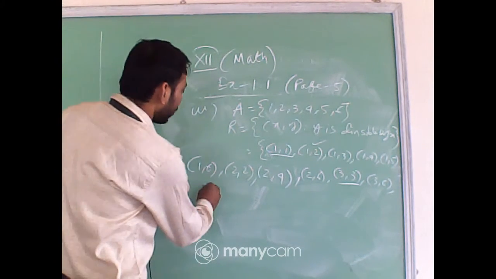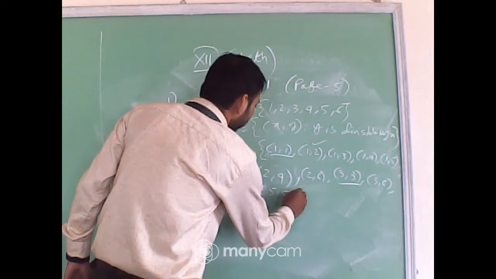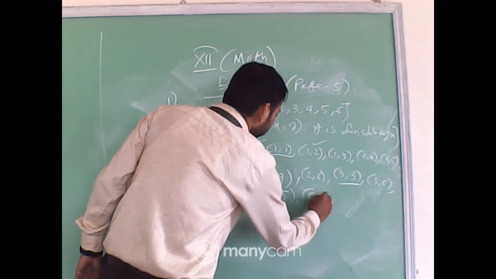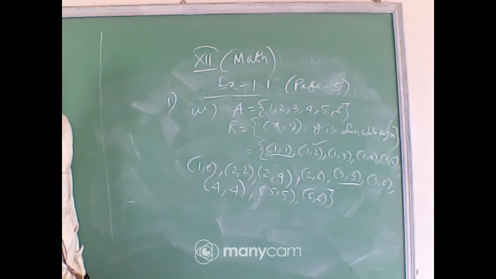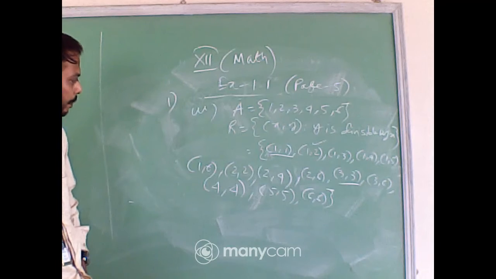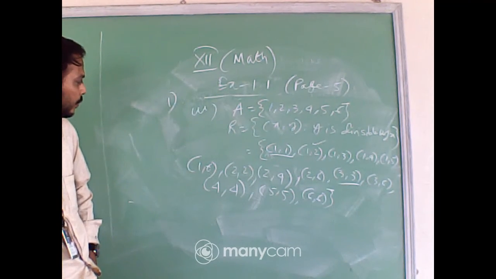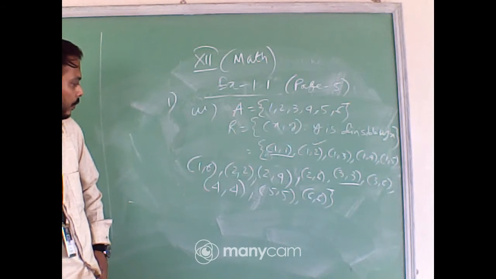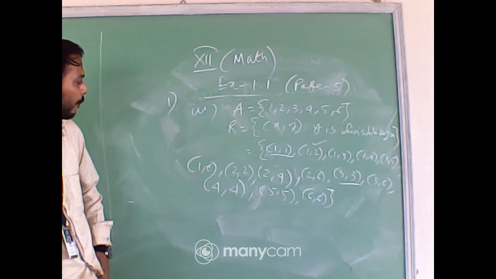Similarly 4, 4, 5, 5 and 6, 6. If you take 1, 4 and 4, 4, again 1, 4.